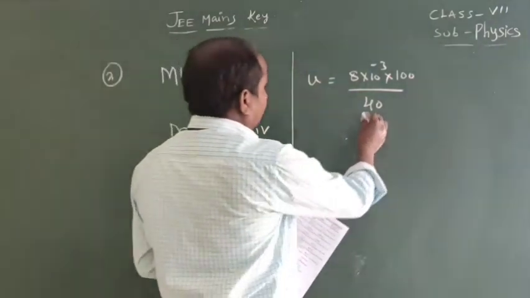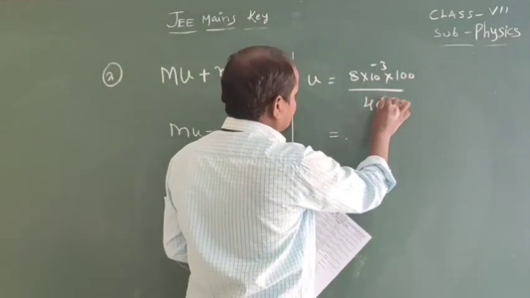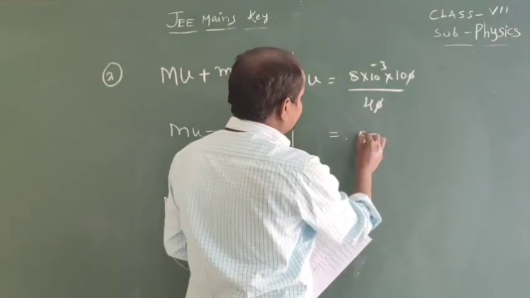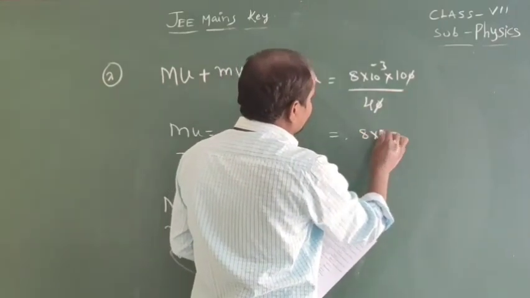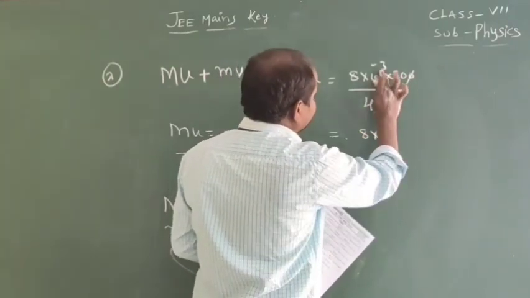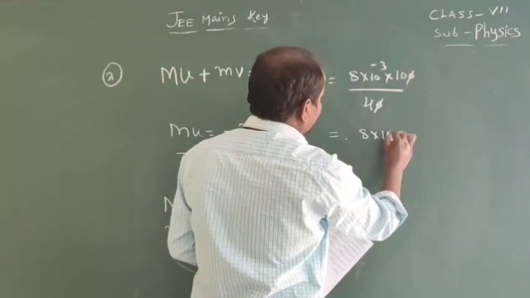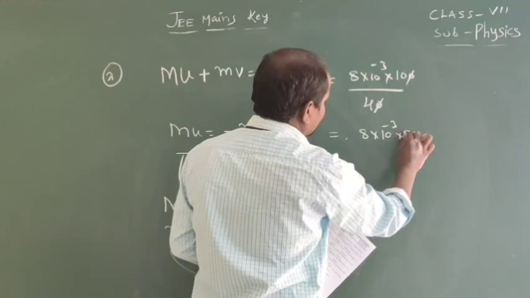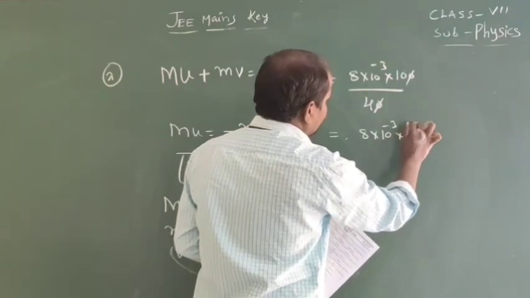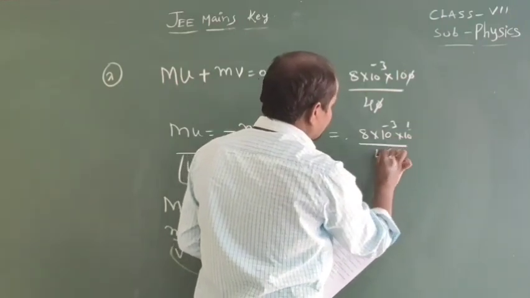So the 0 cancels. 8 into 10 power minus 3 into 10 power 1 by 4.